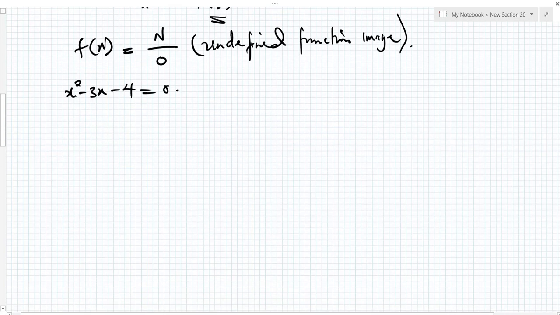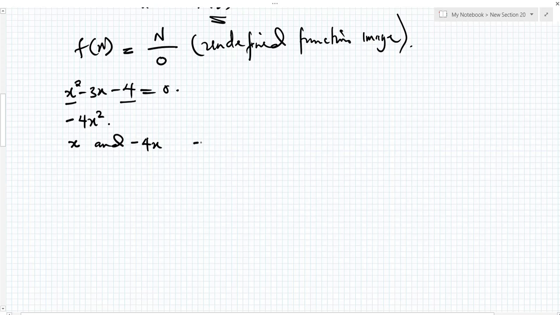So at this point we solve this by factorization. To solve this by factorization, I will multiply the first term with the last term. So x squared times minus 4 will give me minus 4x squared. So what are the factors of minus 4x squared that when I sum them, I will get minus 3x? The factors of minus 4x squared are x and minus 4x.